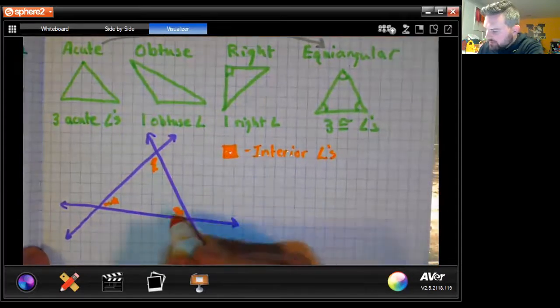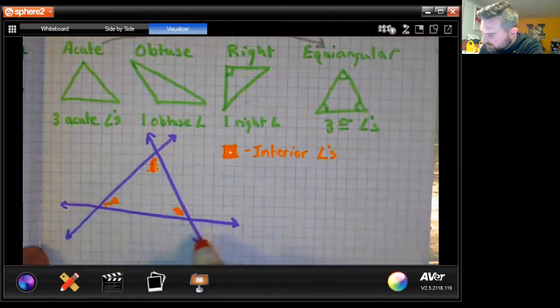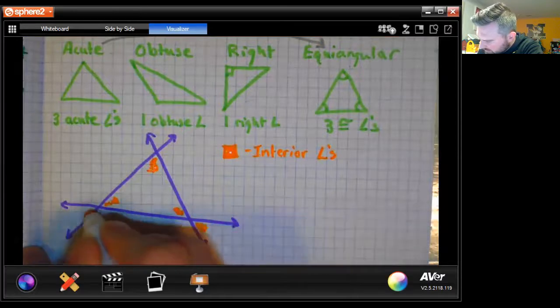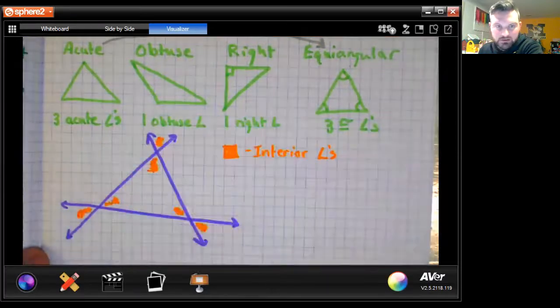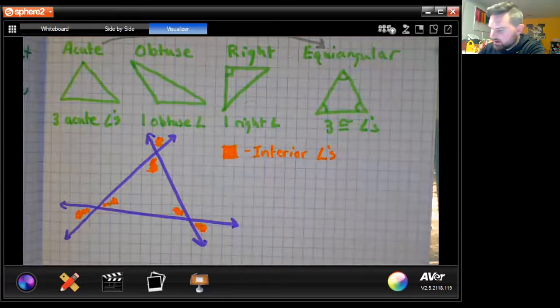Well, I have more than just these three interior angles because I have vertical angles to that. So this angle right here and this one and this one are also considered interior angles because they're congruent. Our exterior angles are the other angles.